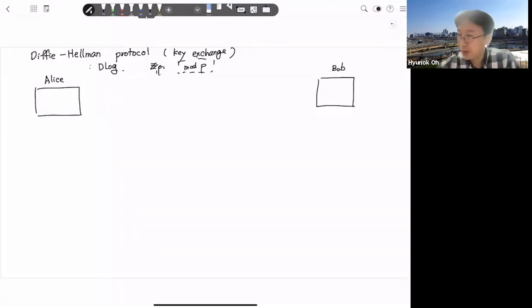What we are assuming is, we have Zp star. Zp star has P minus 1 elements, right? Every element is relatively prime to P because P is a prime number, so the elements go from 1 to P minus 1.